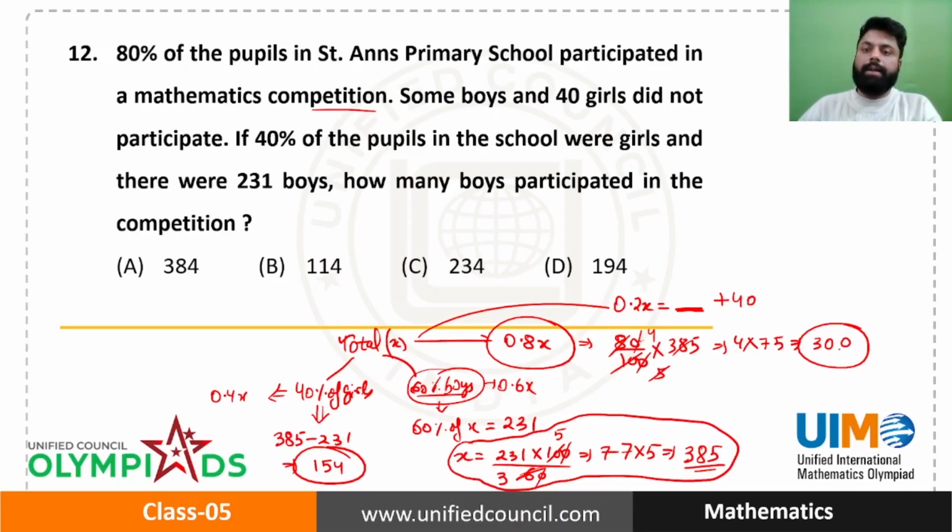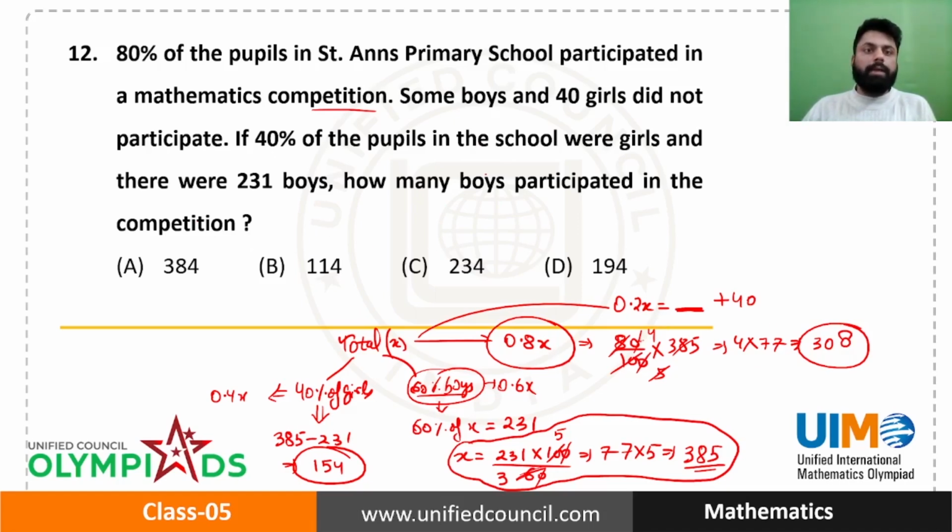Some calculation error. 385 divided by 5 is 77. Okay, so 77 multiplied by 4 is 308. Now 308 participated, and we need to calculate how many boys participated.